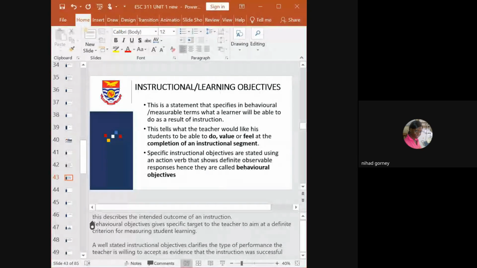A well-stated instructional objective will clarify the type of performance the teacher is willing to accept as evidence that the instruction was successful. So you don't say, the students will be able to know the classification ranks. How will the student be able to know? That is where the action verb comes in. You need the students to be able to state the various ranks in classification.